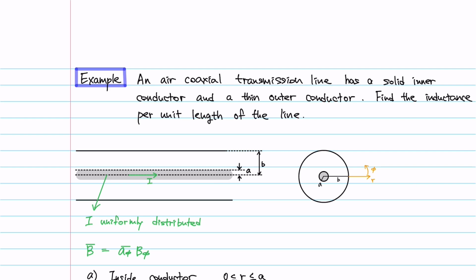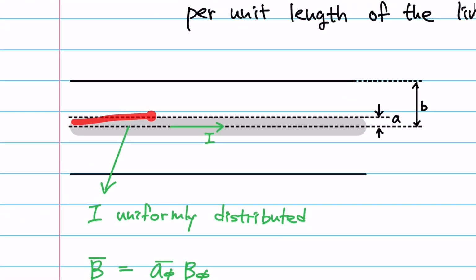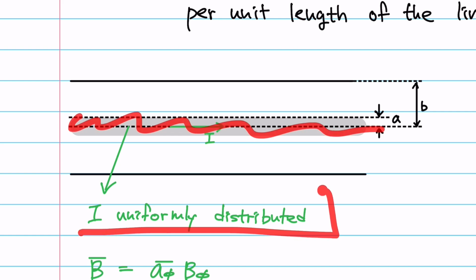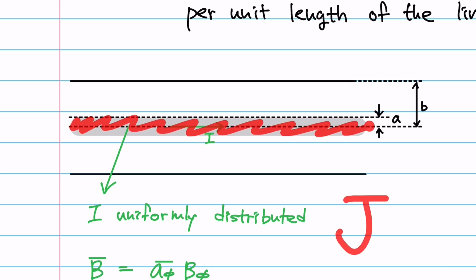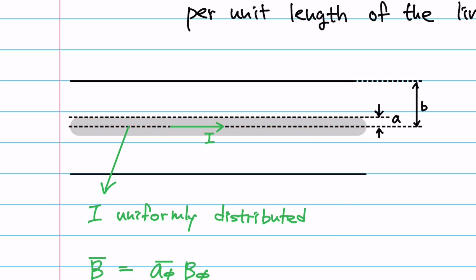If you look at the side view, you'll notice that the center conductor is the gray shade and the current is flowing, and the current is equally distributed. So the current is uniformly distributed, and if you calculate, J would be constant inside that conductor.